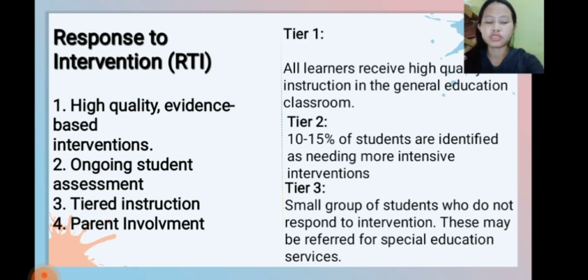The previous chapter already discussed response to intervention, so this is just a review.